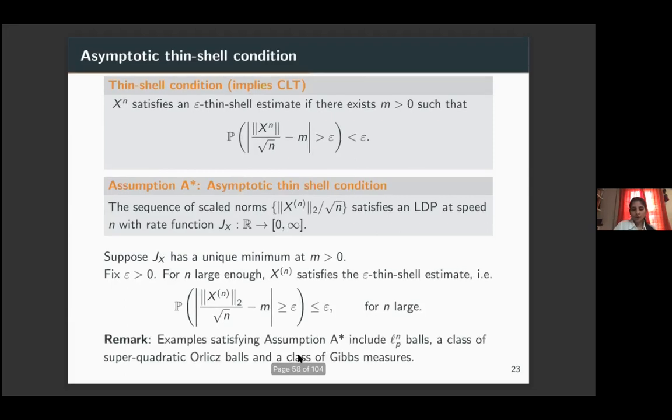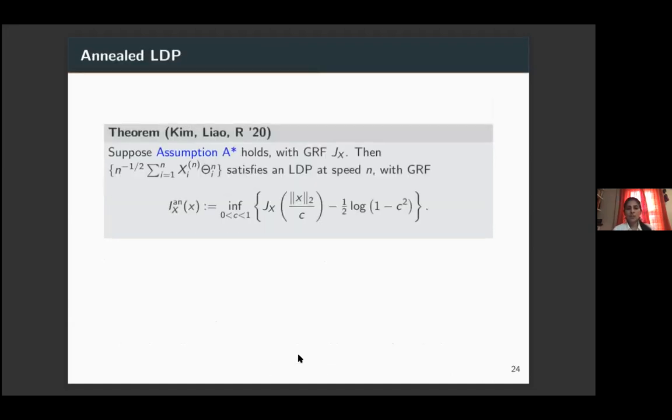So there are several examples of things that satisfy this asymptotic thin shell condition, but the main theorem is that if this asymptotic thin shell condition holds with some rate function J, then the projections also satisfy an LDP at a certain speed, which can be given explicitly in terms of the original rate function of the scaled norms. Okay, any questions on that?